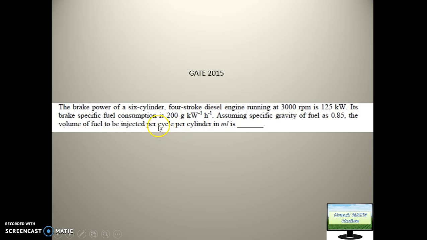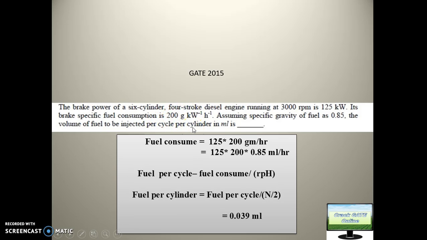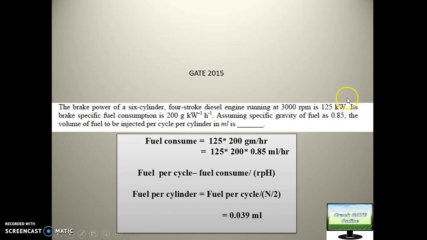Okay, so this is the SFC value. If you want to calculate fuel consumption, it will be specific fuel consumption into power, right? Because specific fuel consumption is per kilowatt per hour, if you multiply with kilowatt, you will get gram per hour.